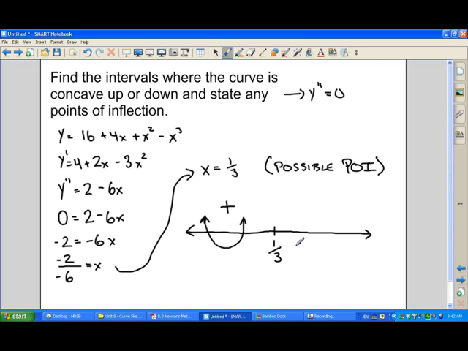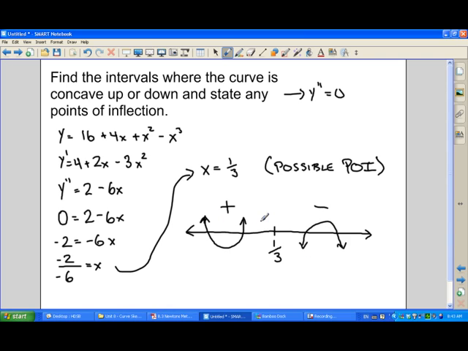And then I'll pick a value to the right of 1/3 on the number line. I'll pick positive 1. If I sub in positive 1 to this second derivative, I get something that's negative overall. And we said previously that a negative second derivative means that the function's concave down.